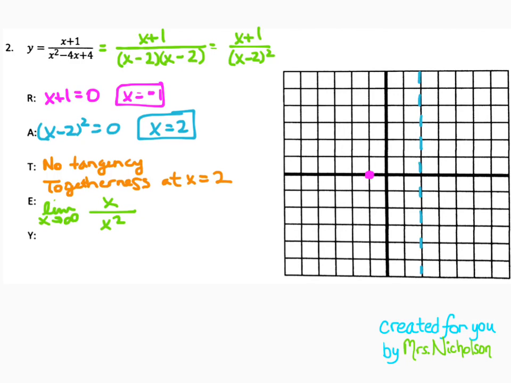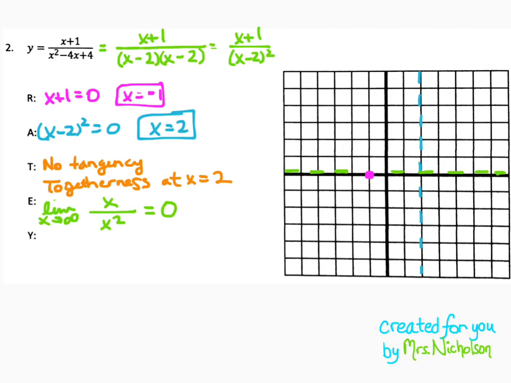That means that if my denominator is getting really big, my fraction is getting very small and approaching 0. So that means that y equals 0 is our horizontal asymptote. And I do have a root here. We are going to cross the horizontal asymptote, but remember that's okay. The horizontal asymptote is only an asymptote out at the ends of the graph, out at infinity.